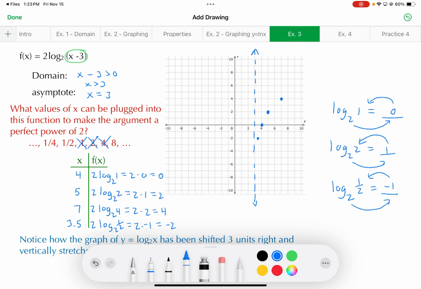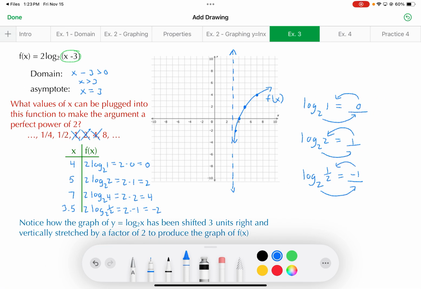All right, 4 points is plenty. Along with the asymptote, we can draw the curve very accurately. Now I want you to notice this graph here. It's just the original parent function y equals log base 2 of x. It's been shifted 3 units right and vertically stretched by a factor of 2.